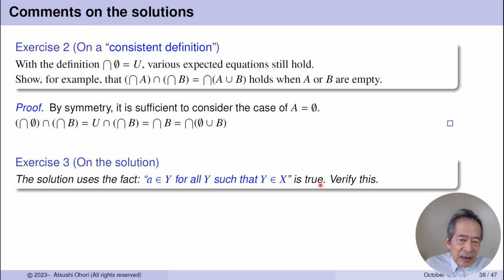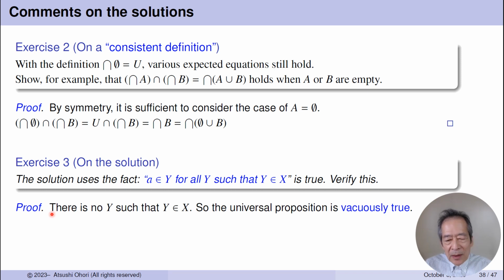The comment is formulated as another exercise that asks you to verify this condition is true when x is empty. In this case, there is no calculation needed, but this is trivially true by the principle of logical reasoning.